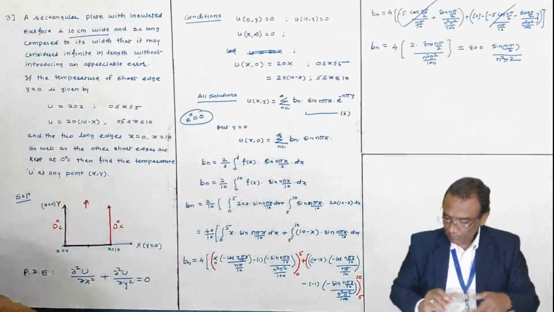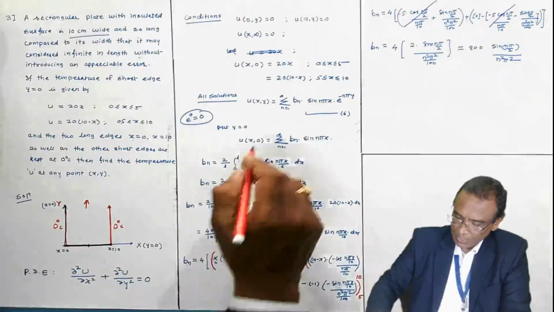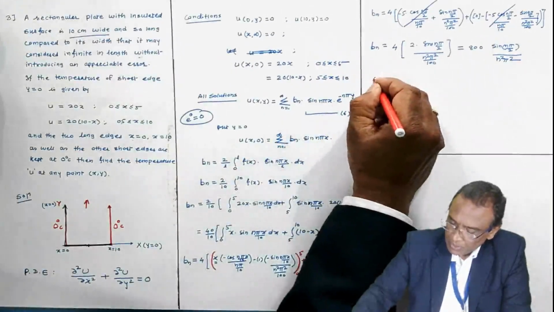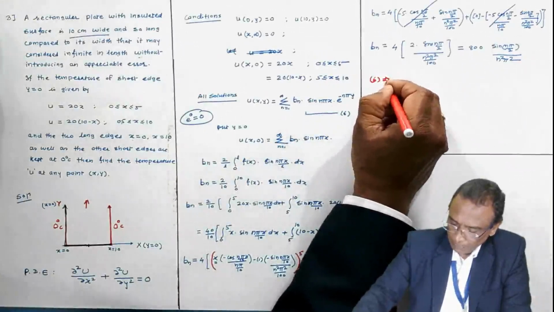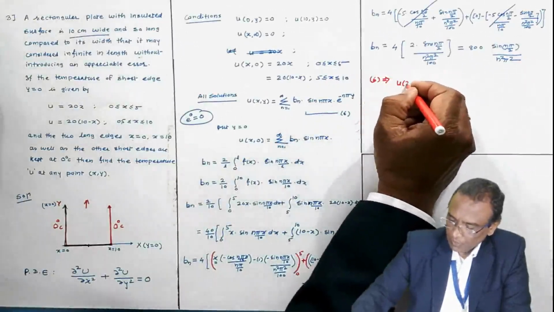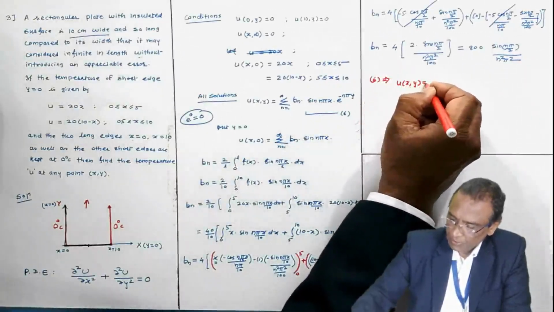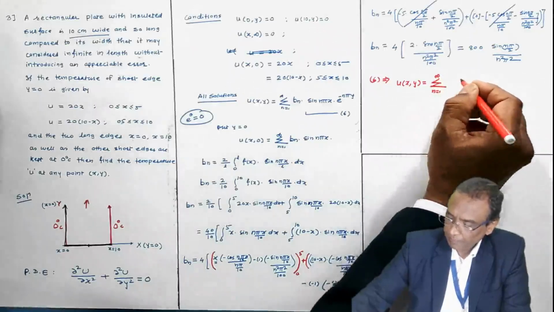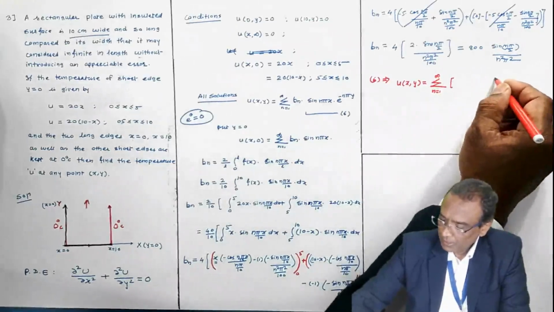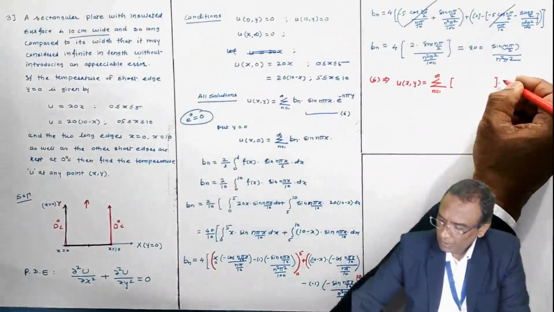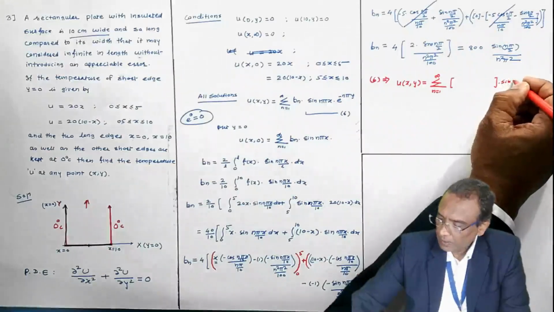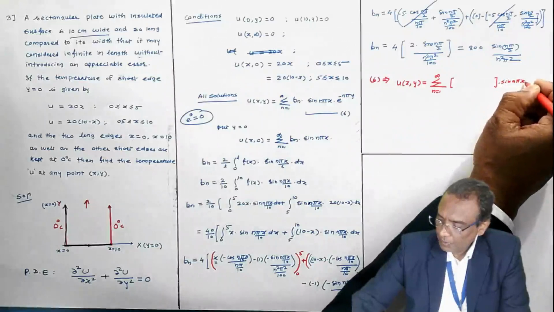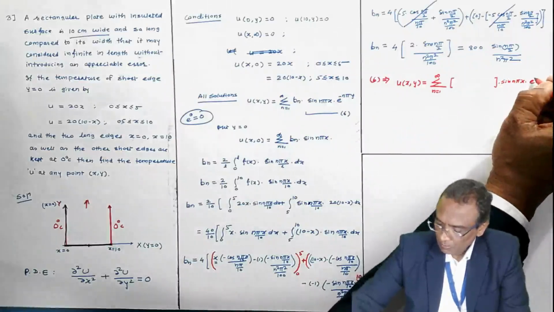Now putting value of bn in equation 6. Where is equation 6? This. Okay, equation 6 implies u of x, y equals summation n varies from 1 to infinity. Value of bn I will be writing here, sin n pi x into e to the power minus n pi y.